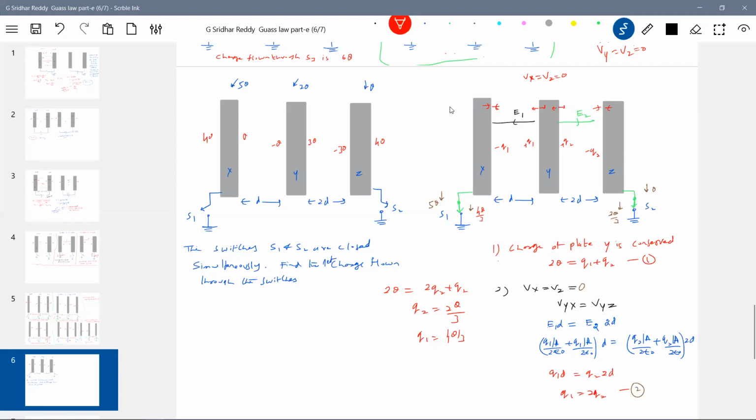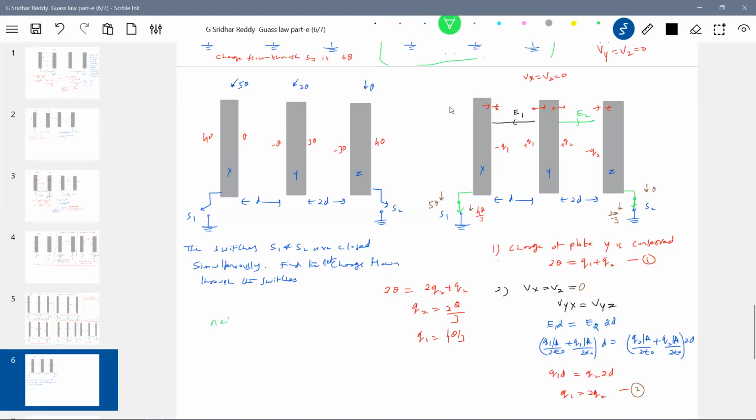Okay, fine, yeah. Net charge flowed through the switch S1: 5Q plus 4Q by 3. Net charge flowed through the switch S2: Q plus Q2, or 5Q by 3. So shall we add up those data?